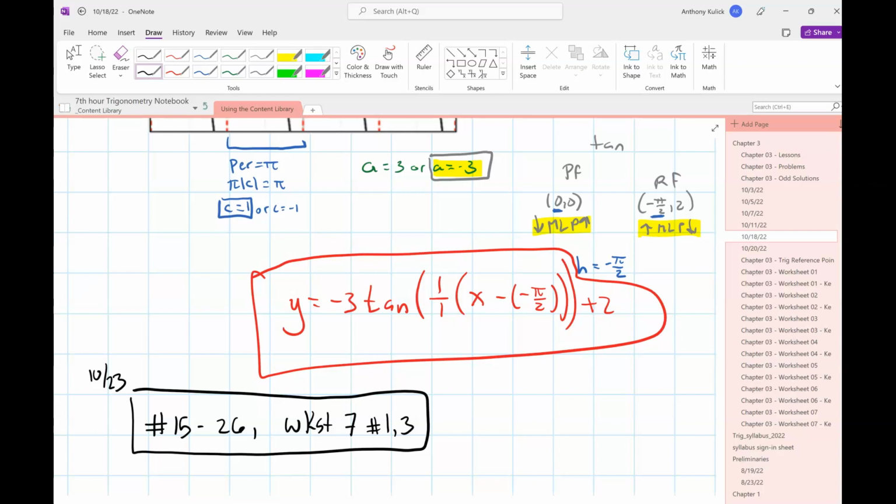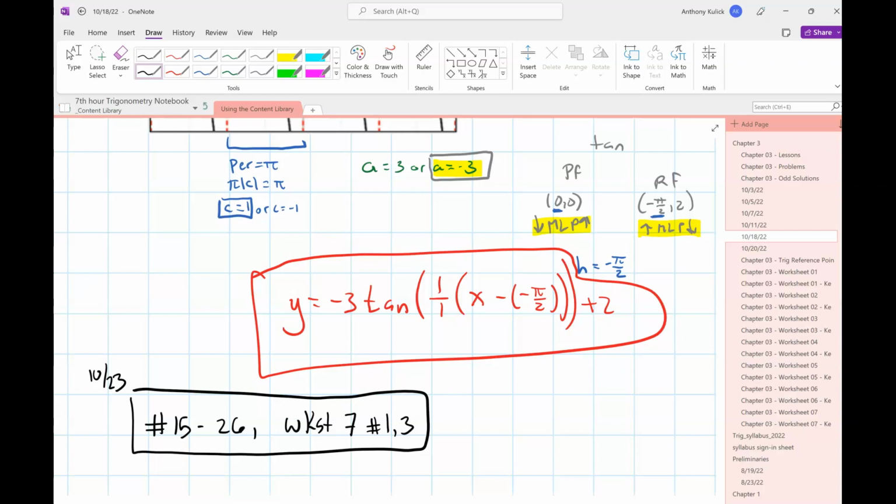I wouldn't worry about any of this tangent stuff for the homework quiz. You should be able to graph a sine or cosine function. And you should be able to write the equation from a sine or cosine function, either given a picture of the graph or a description. Okay? So we'll do that next time.